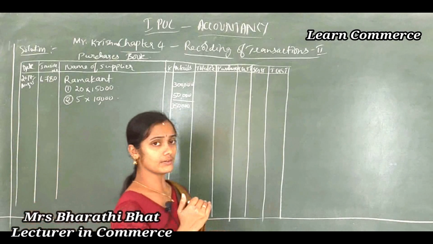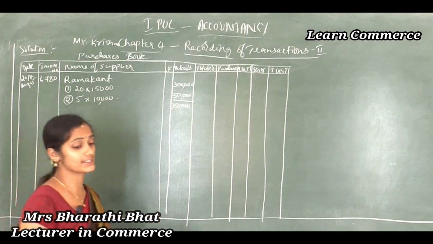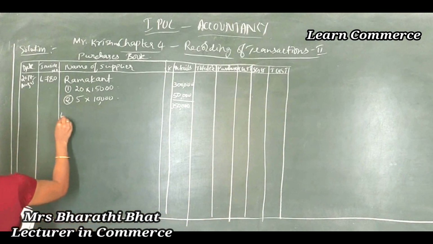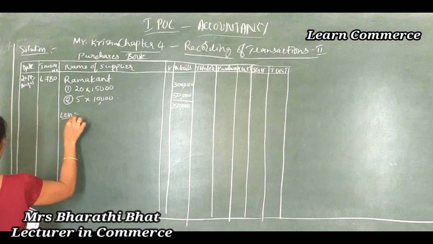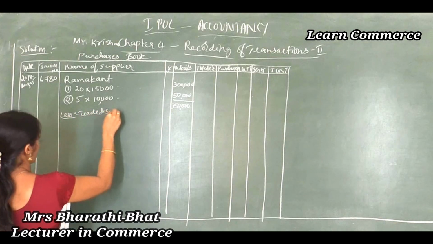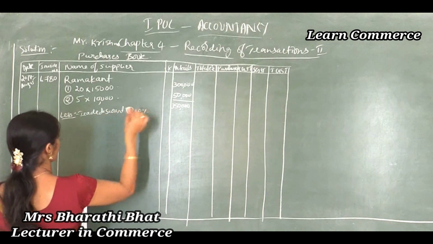After totaling, here trade discount is also given, so we need to calculate discount for this amount. So less trade discount at 10%.